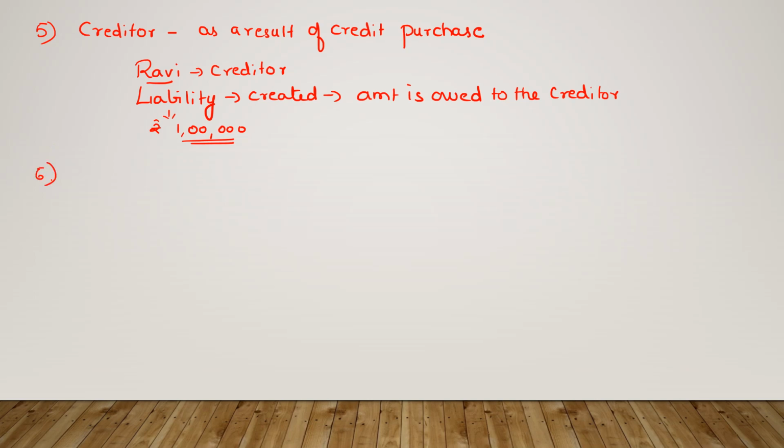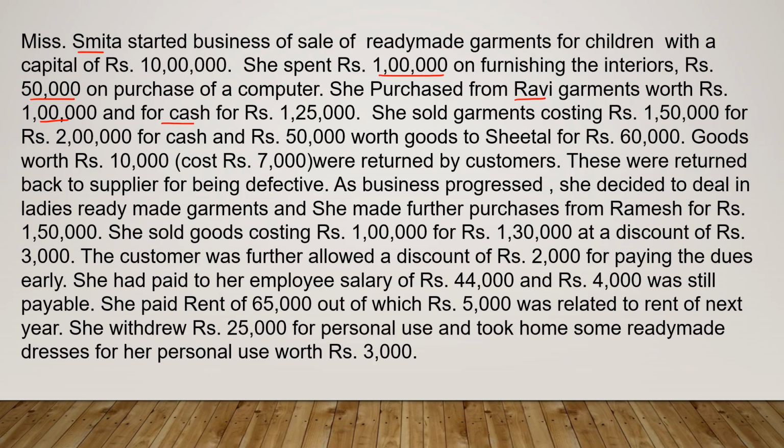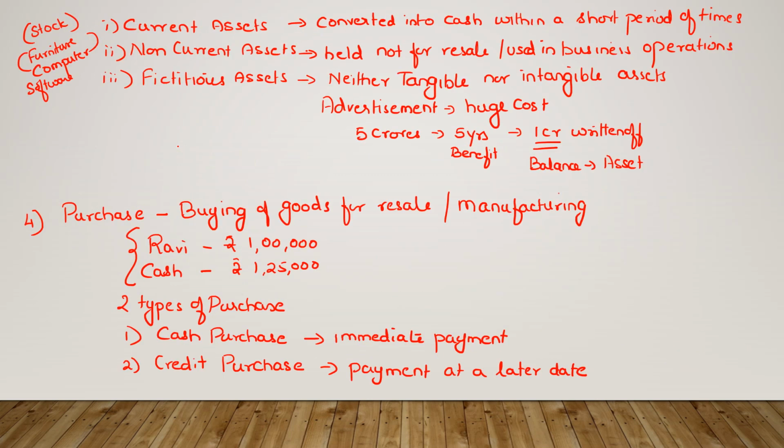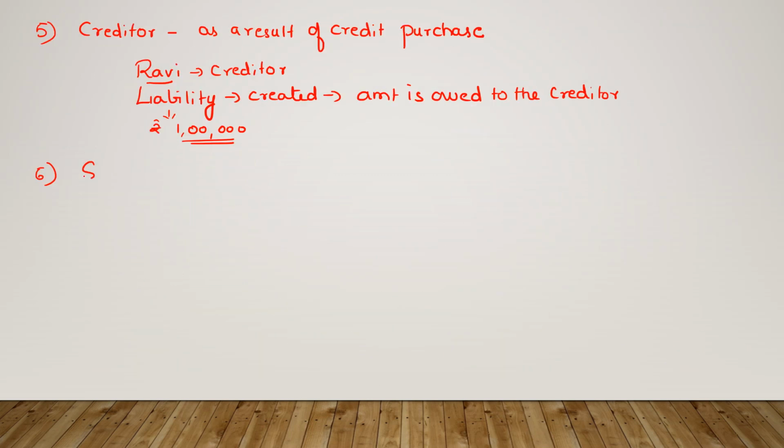Now, moving further into the example, let us look. She sold garments costing 1,50,000 for rupees 2 lakh for cash. So she has sold garments. Let us note this down. We will learn about sales now.